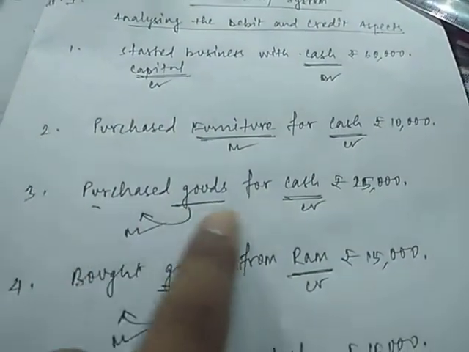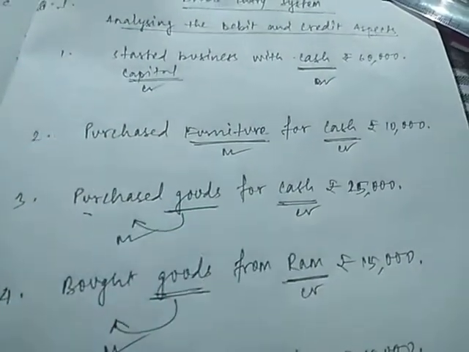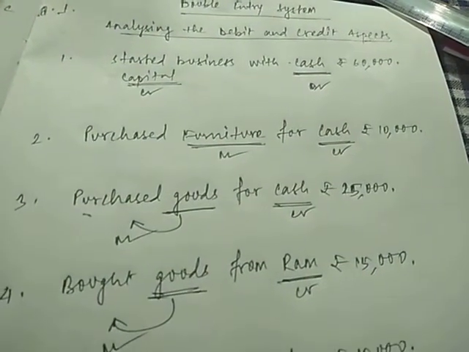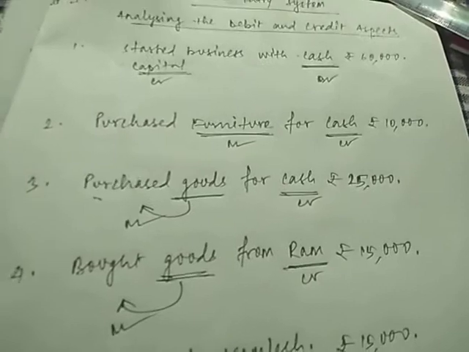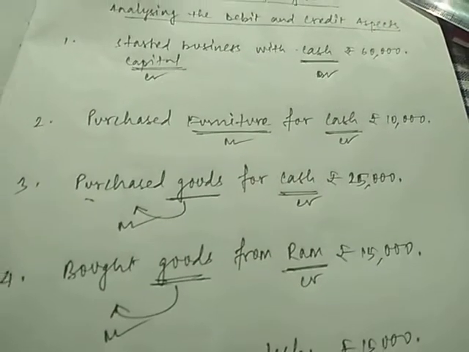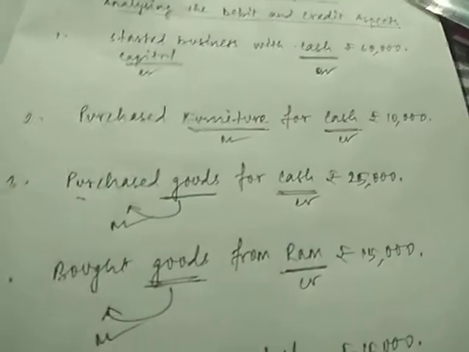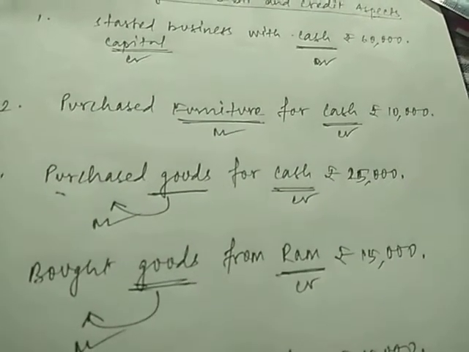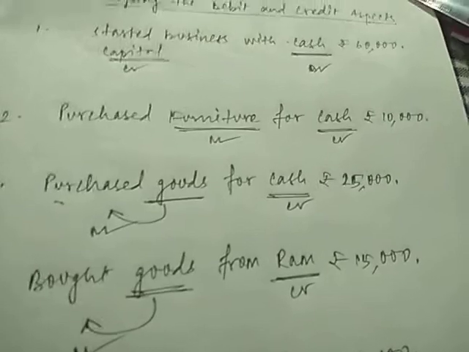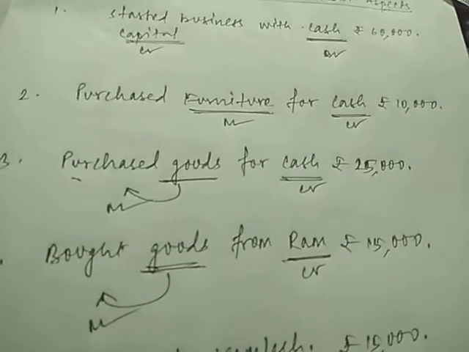In this way you'll underline and mark debit and credit. Next is purchase goods for cash, 25,000. We have purchased goods for cash, rupees 25,000. Same thing here, we have got goods and in return for goods we need to pay cash. Cash we have spent, cash has gone out, so cash will be credit. And goods we have purchased, goods have come to us, so goods will be debit. But we don't write goods, we write purchase.